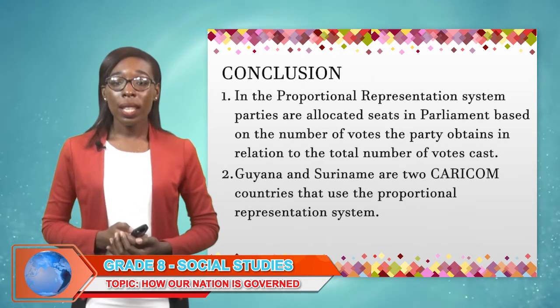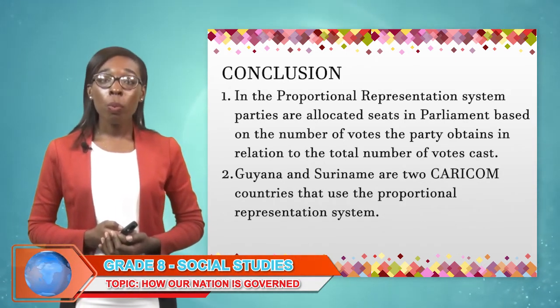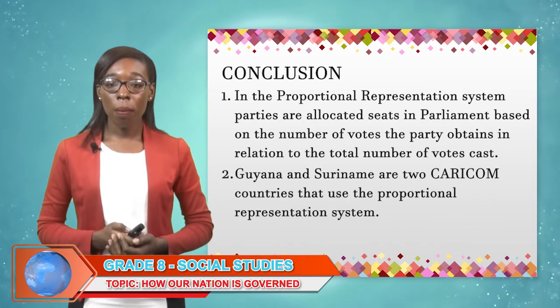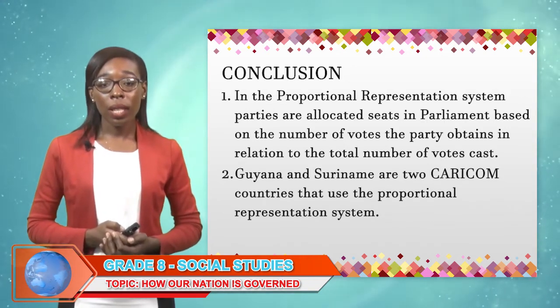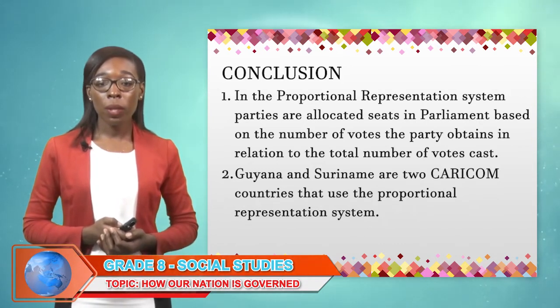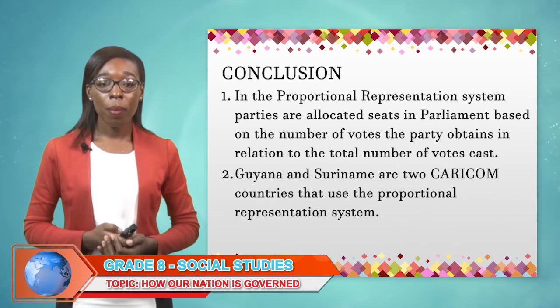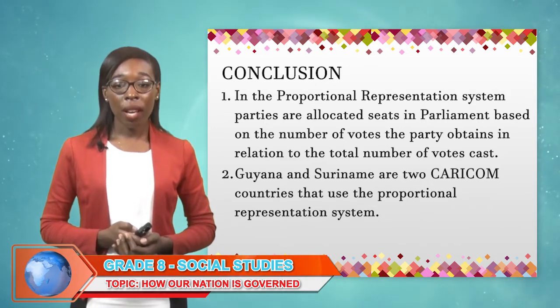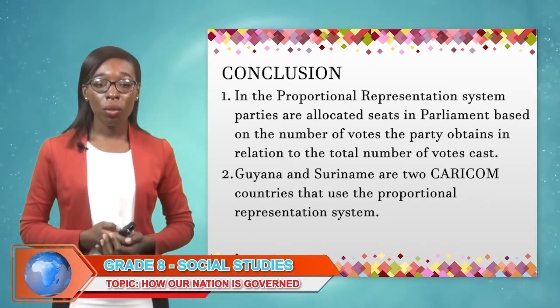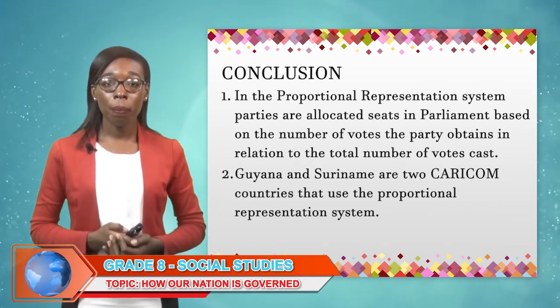In concluding today's session, remember that, one, in the proportional representation system, parties are allocated seats in Parliament based on the number of votes obtained in relation to the number of votes cast. Guyana and Suriname are two Caricom countries that use the proportional representation system.